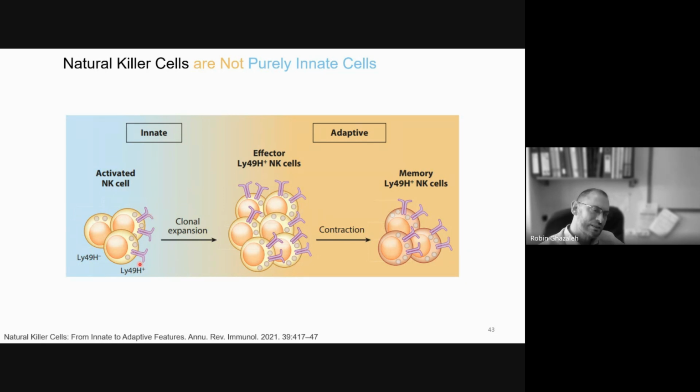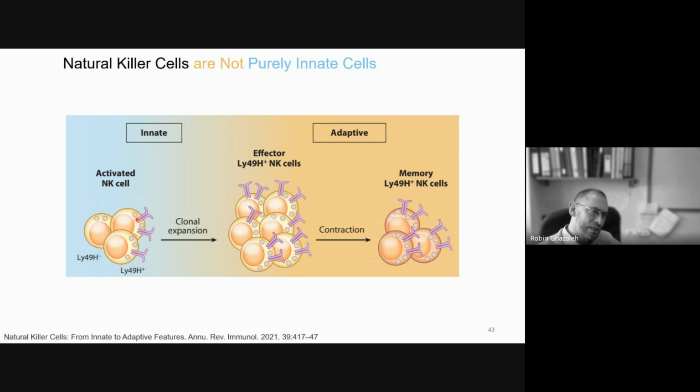Whenever a natural killer cell has been effective in recognizing something and has been stimulated as well, then those cells which have that receptor undergo clonal expansion. So here we have an example of one receptor called Ly49H, which can be expressed, or minus means the cell isn't expressing that one.